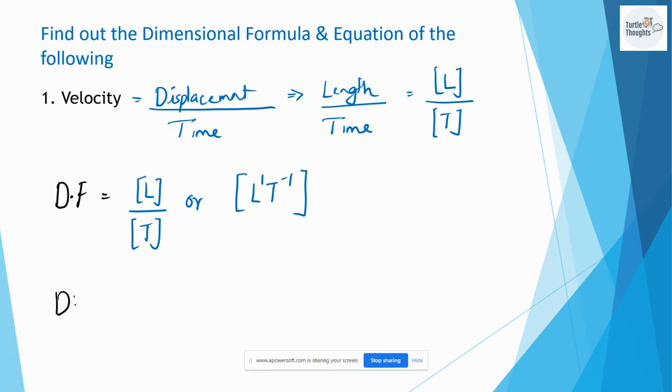The dimensional equation is going to be velocity V is equal to L raised to power 1 T raised to power minus 1. So this is the dimensional formula for velocity, and this is the dimensional equation for velocity.